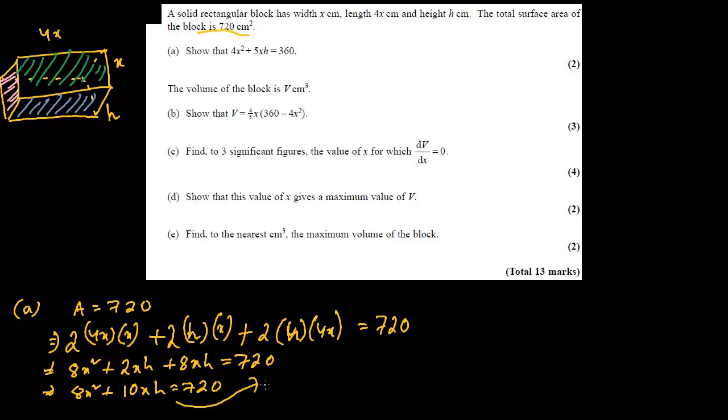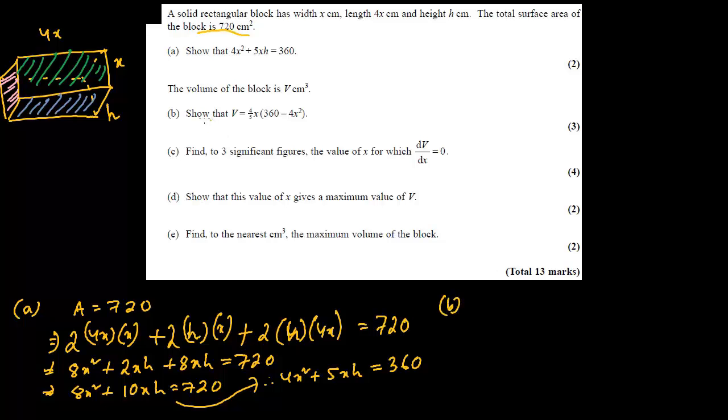So that turns out to be, therefore, 8 divided by 2 is 4x squared plus 10 divided by 2 is 5xh equals to 720 divided by 2 is 360, and we have proved the expression. Even if you hadn't, you can take this answer and do the next one. It doesn't really matter even if you cannot do the first one.